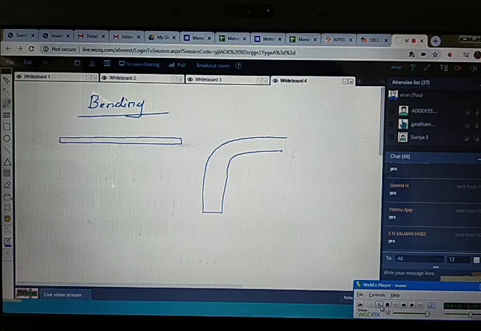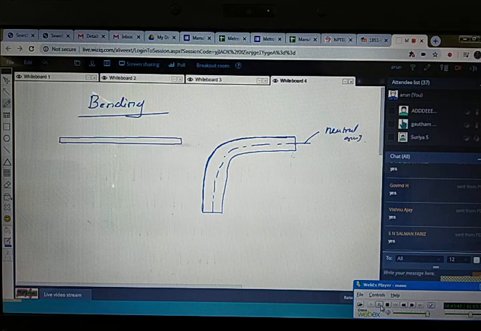I'm going to draw the axis line also, and we call that line the neutral axis. This is the outer surface of the bent sheet, and this is the neutral axis.